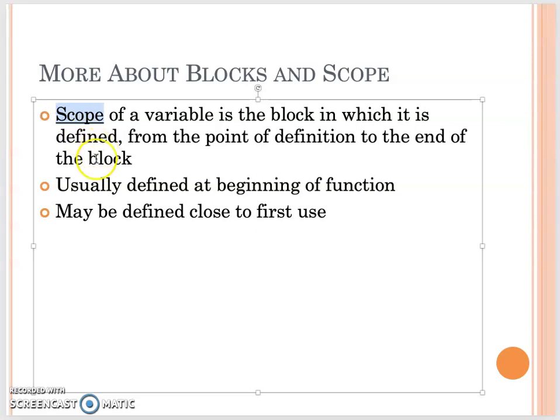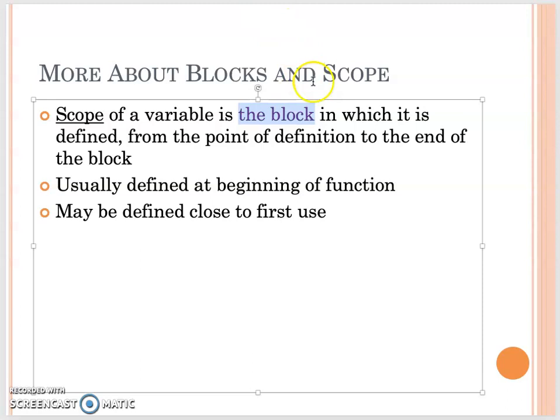Depending on where you define that variable, it can only live within its scope, meaning the range in which it can be accessed. Actually, it is only in the block.